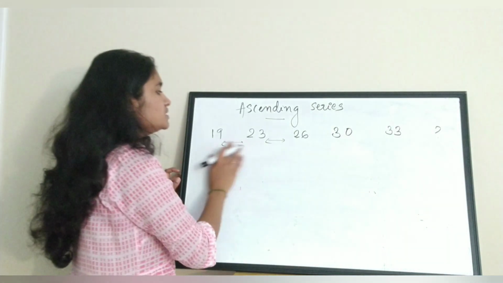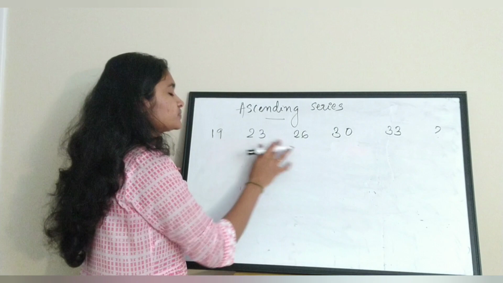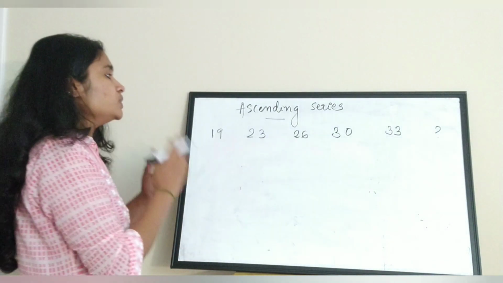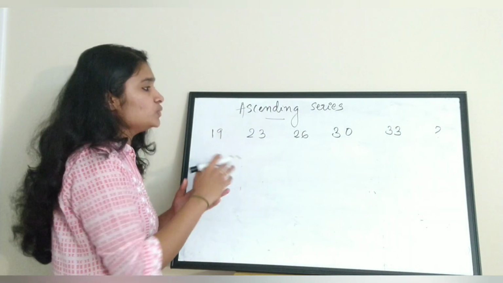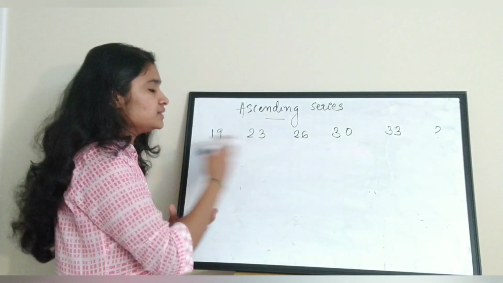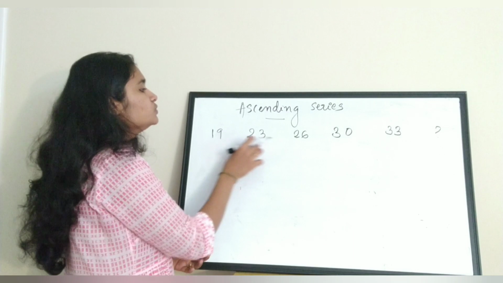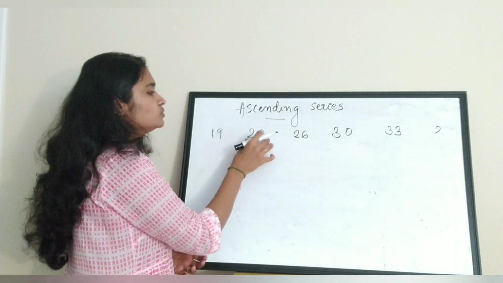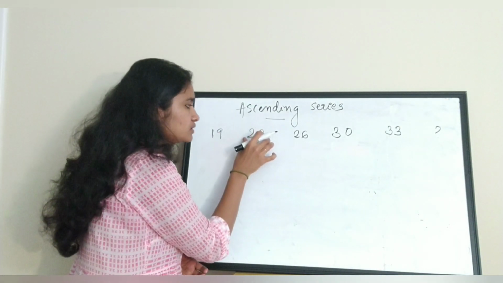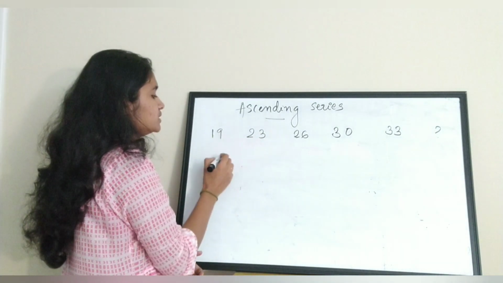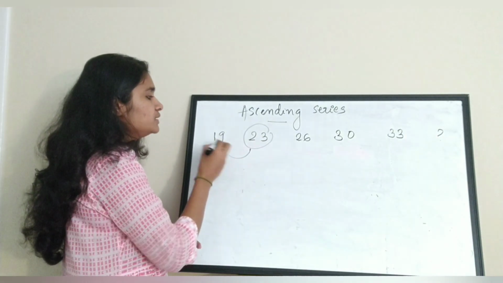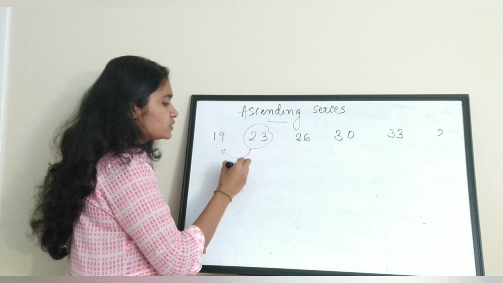Next, we have to find what number is being added to each of the numbers to form the number series. For that we have to do one thing: subtract the smaller number from the larger number. That is, 23 minus 19 is 4, right?